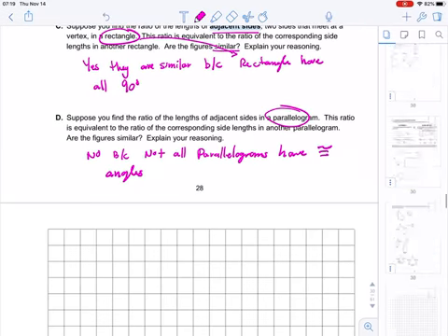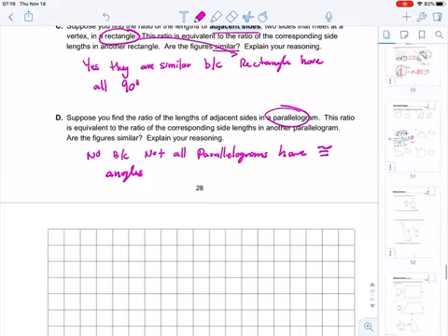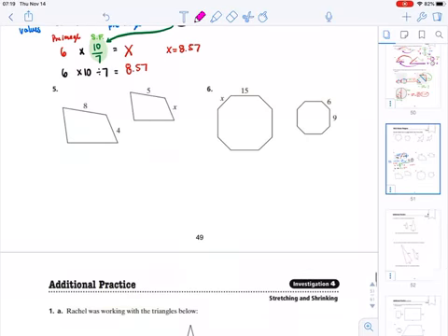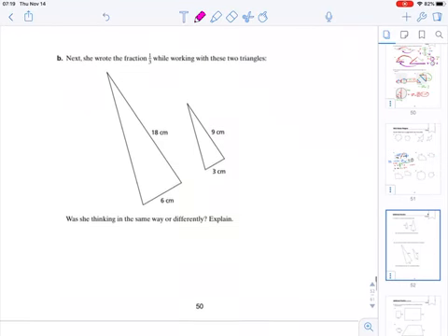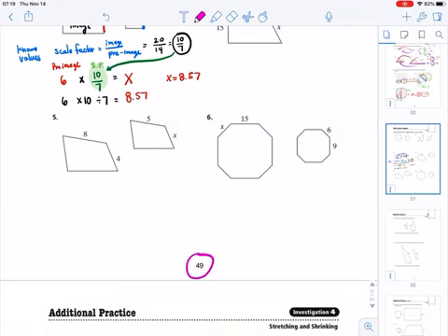All right, your homework for tonight, I'm going to write it up on the top of the page in just a little bit. Let me double check. We're going to finish page 51. Sorry, not page 51, page 49.